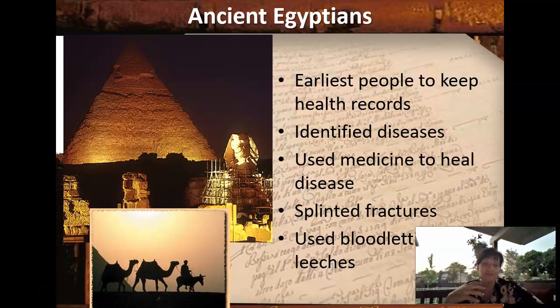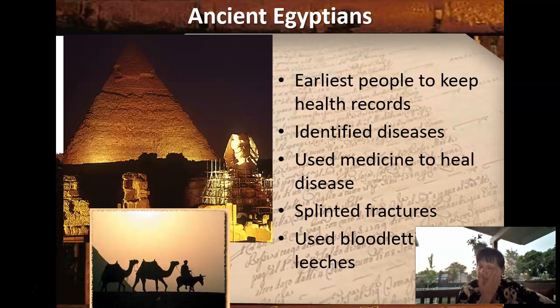The idea was that if you put the leeches on a part of the body that needed more blood flow, blood flow would help with cleaning out and getting rid of illness. So as the leeches sucked blood through, that blood would come through, or the leeches would be sucking out the bad blood. That's what bloodletting with leeches was used for.